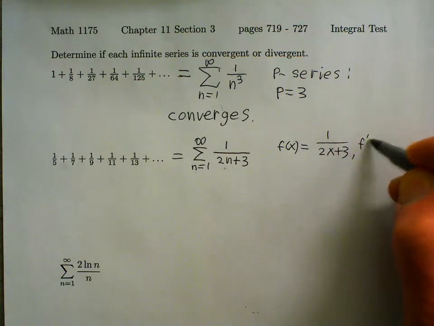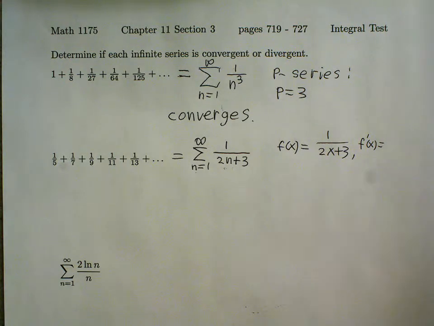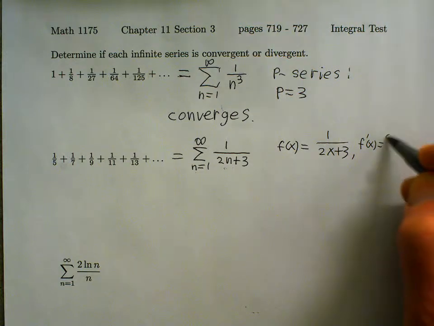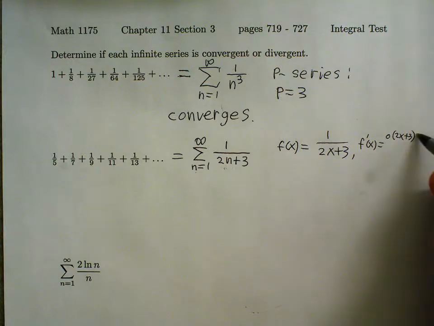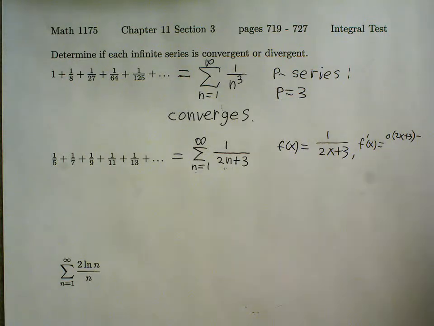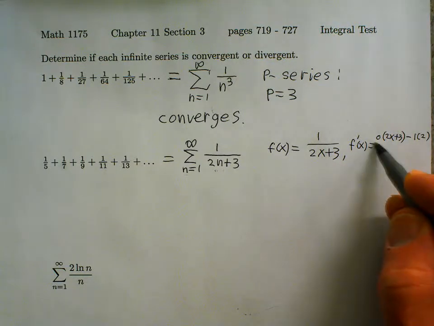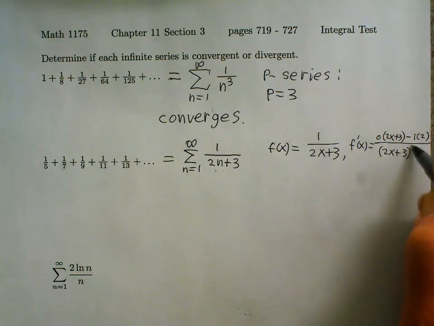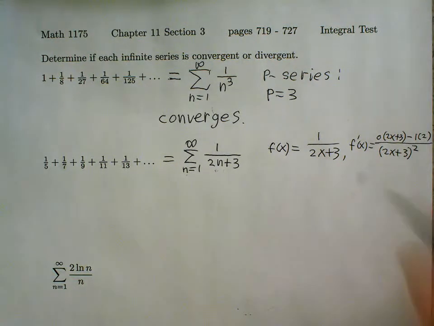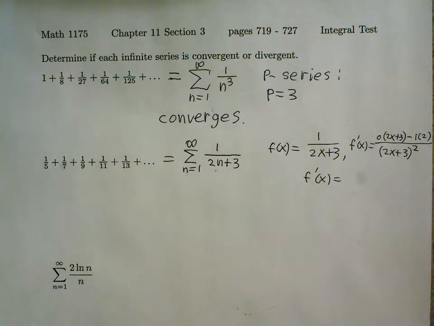So if you compute the derivative using the quotient rule, the derivative of 1 is 0, so 0 times 2x plus 3, and then minus the numerator times the derivative of the denominator, which is 2, all over 2x plus 3 squared. So I might as well simplify the numerator a little bit.